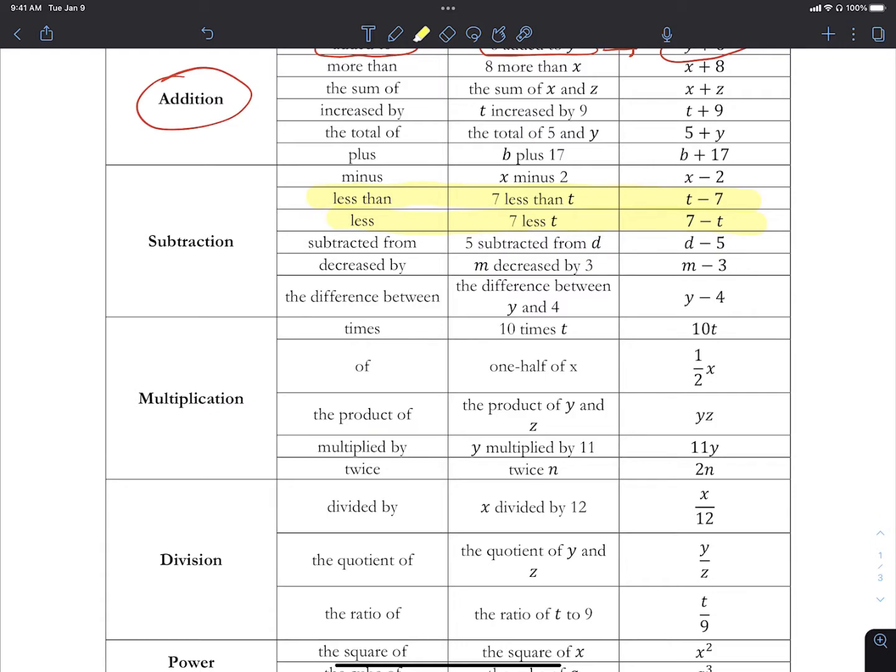So 7 less than t means that t is like your quantity and you have 7 less, right? So in other words, it's t minus 7, right? So you can see in the last column there. Where if I remove the word than, the order ends up staying the same. So saying 7 less t is 7 minus t, right? So don't let those two be confused.